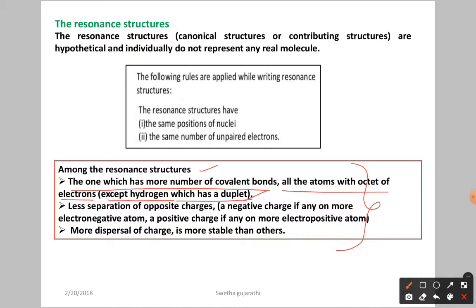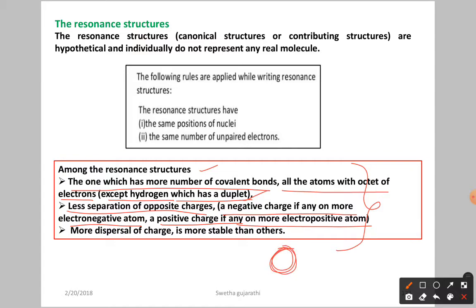First case. Second is less separation of opposite charge, which means a negative charge, if any, on the more electronegative atom, and a positive charge, if any, on the more electropositive atom. Simply, for example, you know very well oxygen has the higher electronegativity.